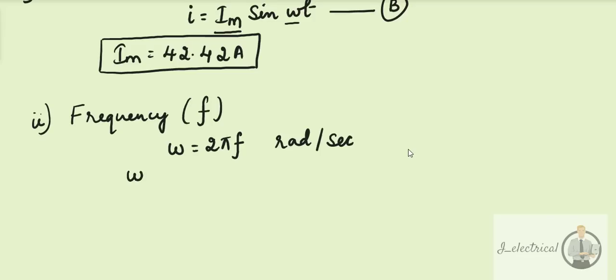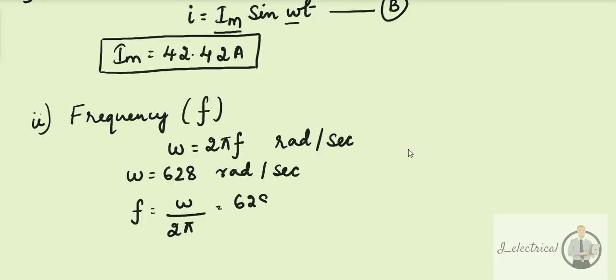Therefore omega is equal to 628 radians per second. Therefore f is equal to omega divided by 2 pi, is equal to 628 divided by 2 pi, which gives you 100 Hertz. So the frequency of the given alternating quantity is 100 Hertz.